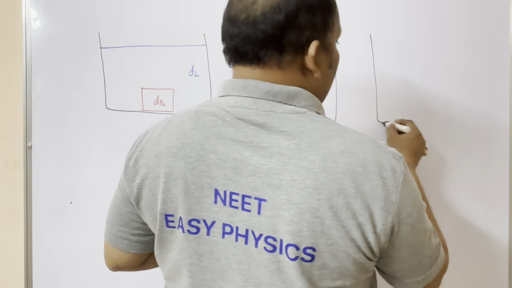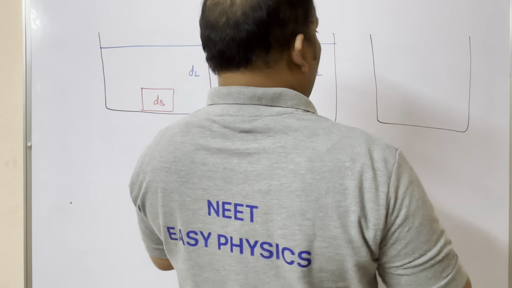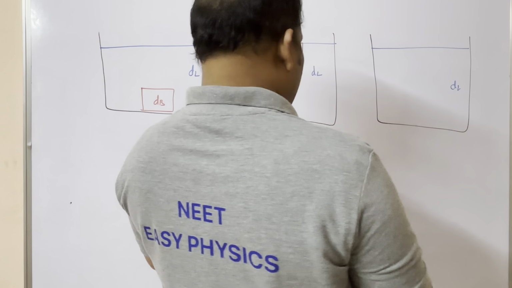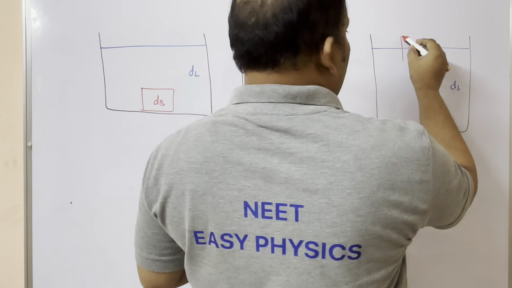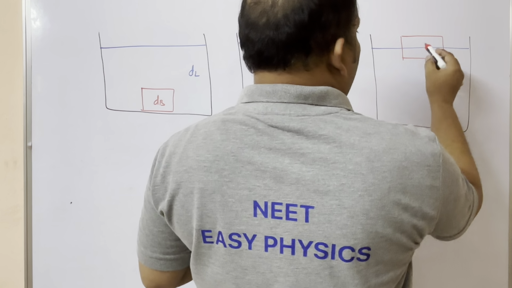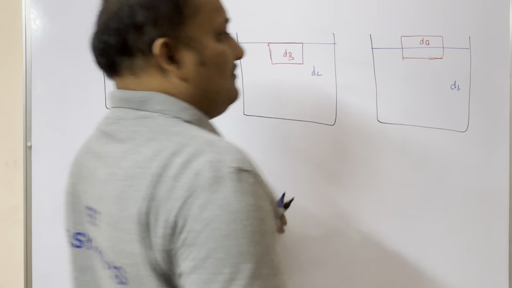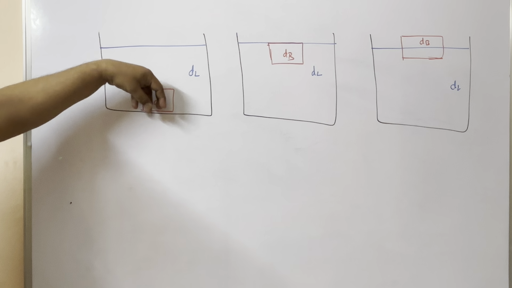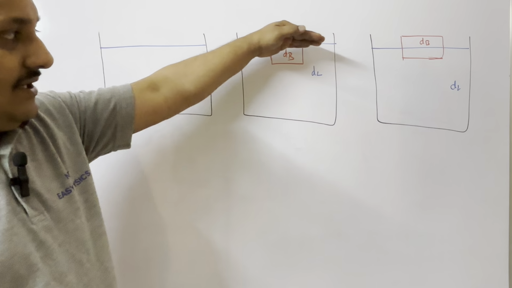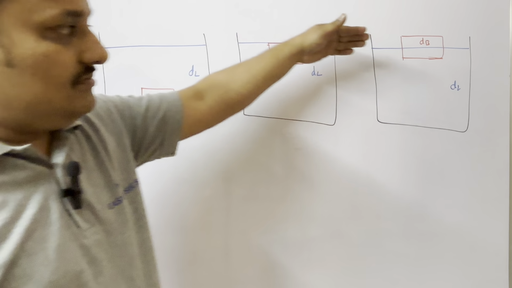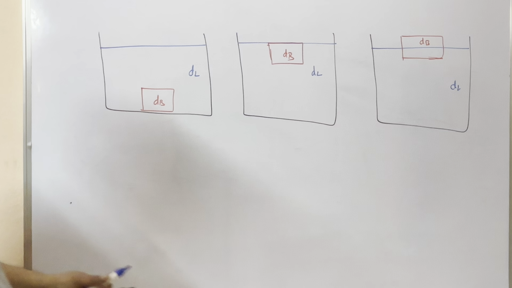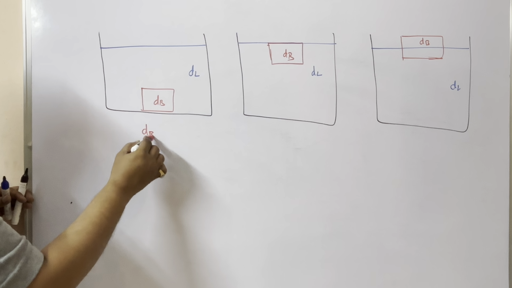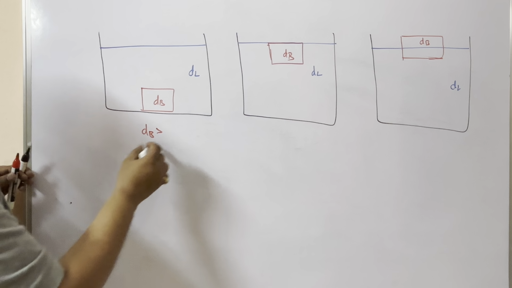Next, another case: liquid up to here, the density of the liquid, and now the object is placed like this. This is the density of the body. So it completely immersed, but it is on top. This is partially immersed. So for all these cases, how are the densities going to be taken? The density of the body is greater than the density of the liquid.